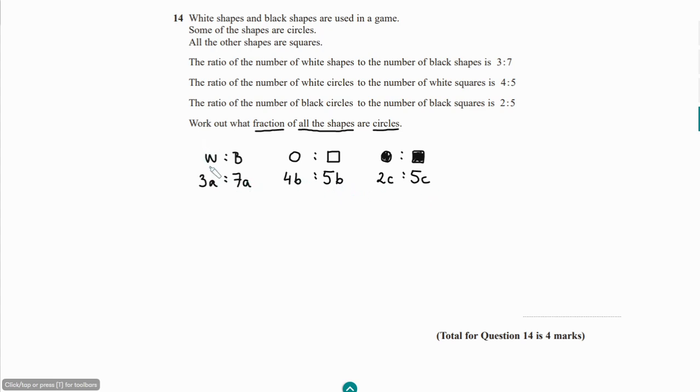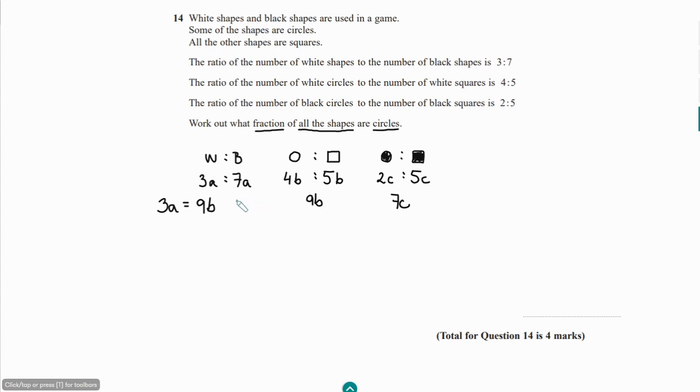And now, what we know is that if all the whites are these, that's 9b altogether. So 9b represents 3a. So 3a equals 9b. And here the same way, this is altogether 7c. 7a represents 7c.